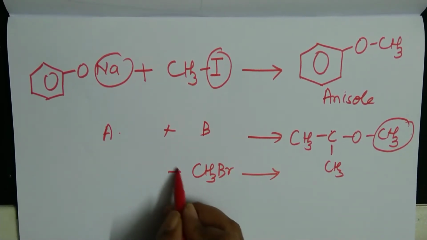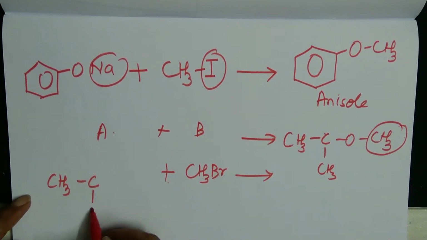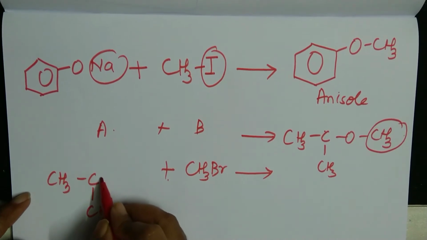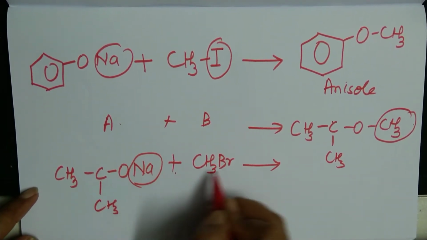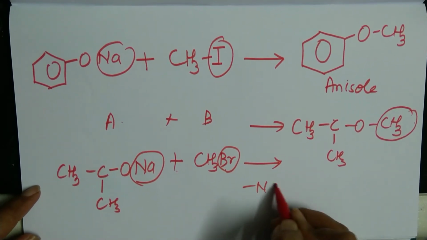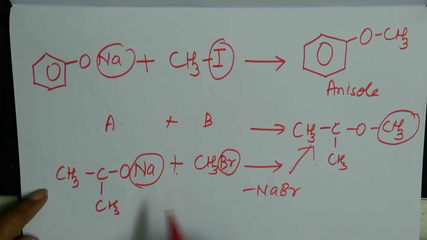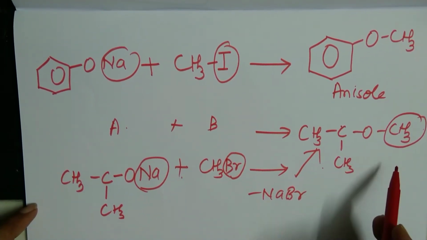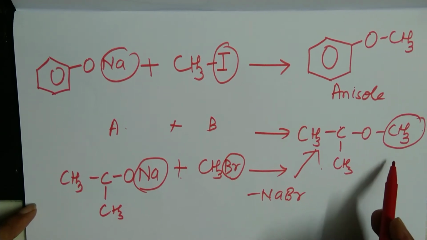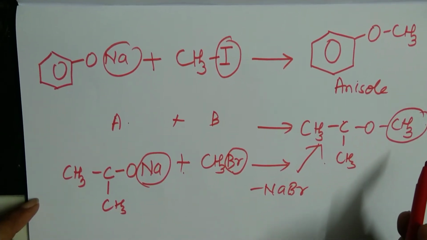And what should this be? It should be CH3, CH3, yes, ONa. Na goes with Br, forming NaBr, and you end up with this product. So you should be able to write what A and B are if the ether is given. What you should remember is that your alkyl halide should always be a primary alkyl halide. Done.